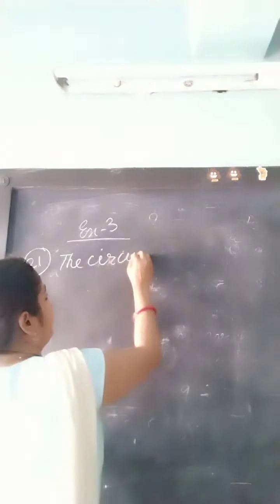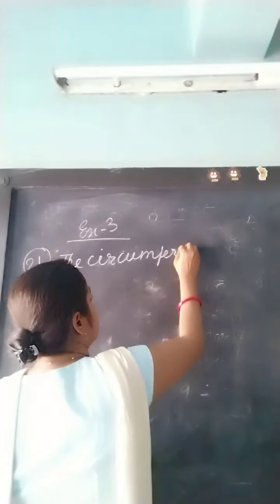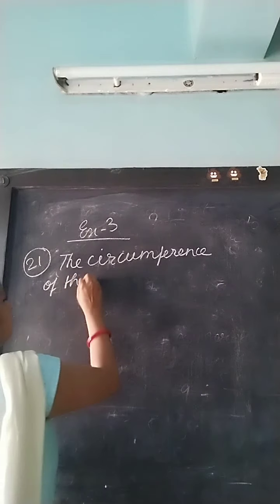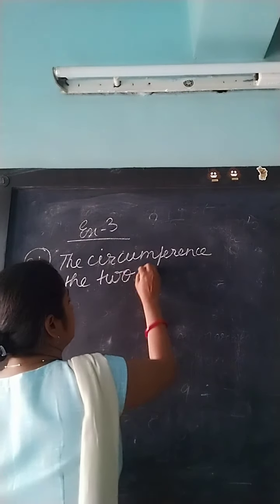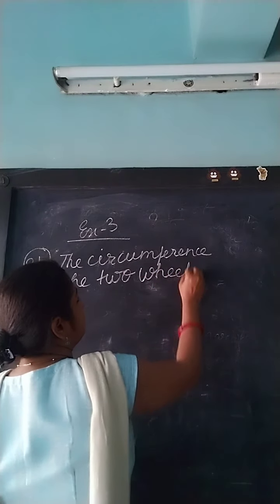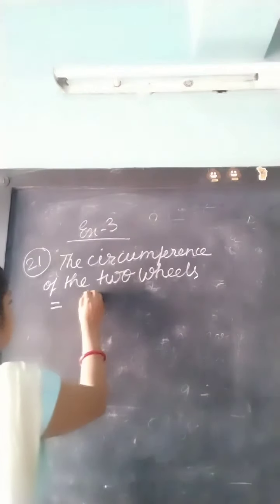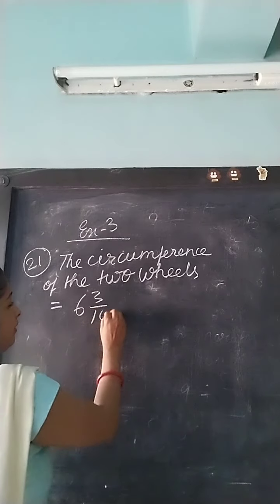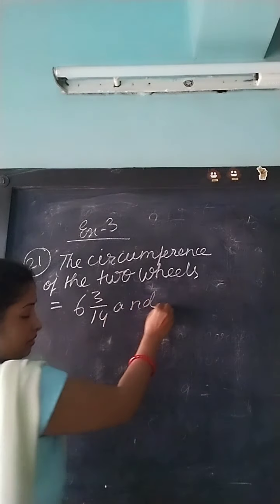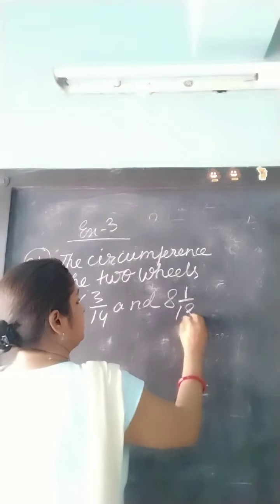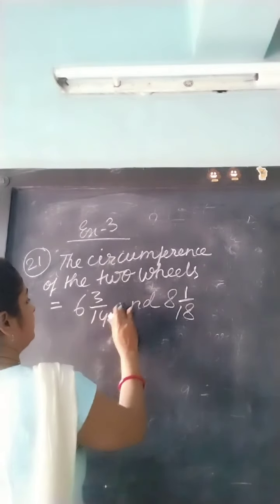So write down the circumference of the two wheels is equal to 6 whole number 3 by 14 and 8 whole number 1 by 18 decimeter.